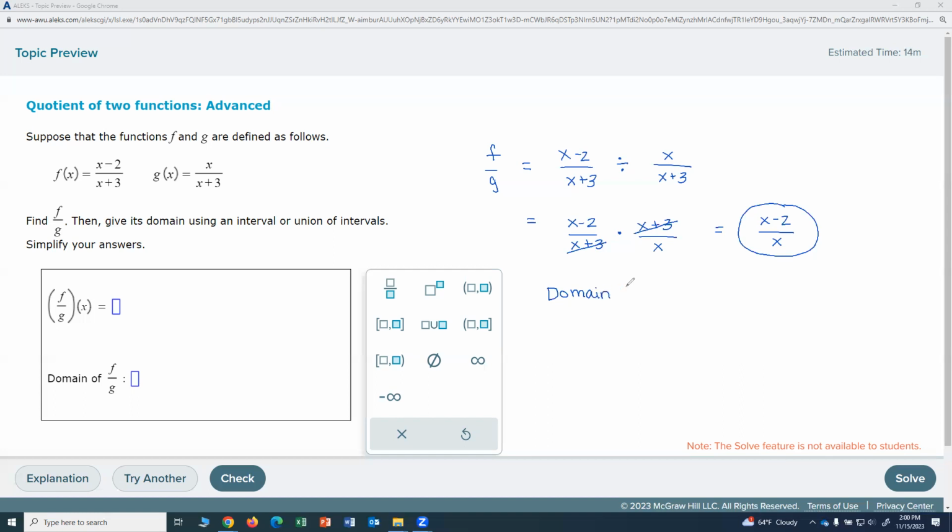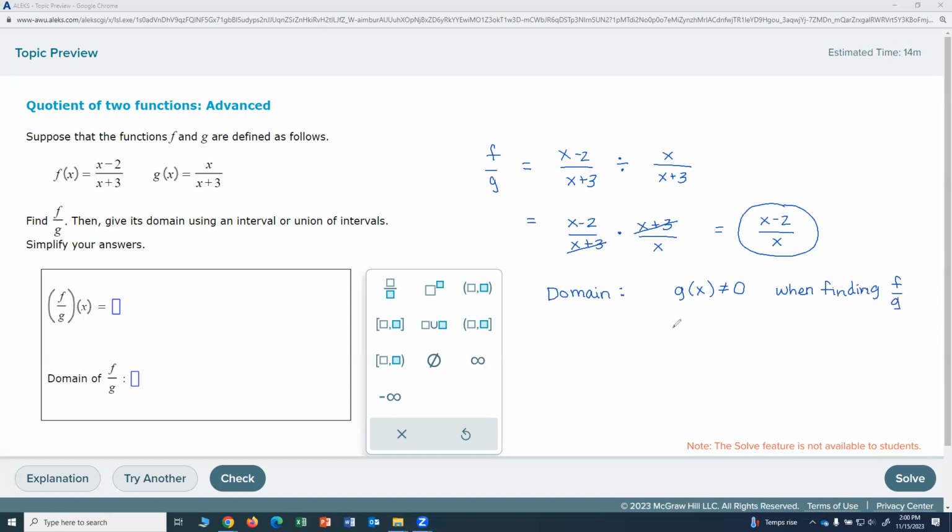So let's start thinking about the restrictions on the domain. We know that g of x cannot equal 0 when finding f over g.